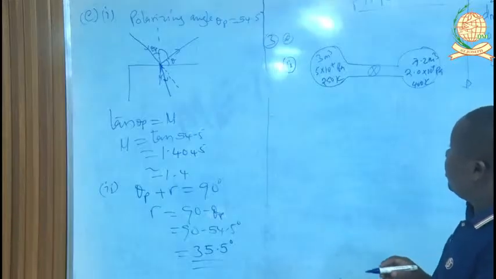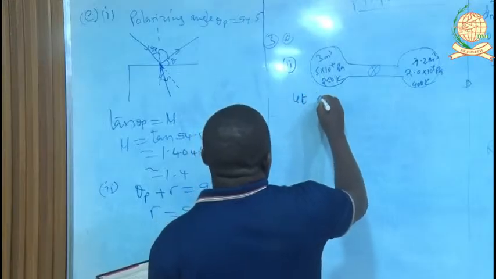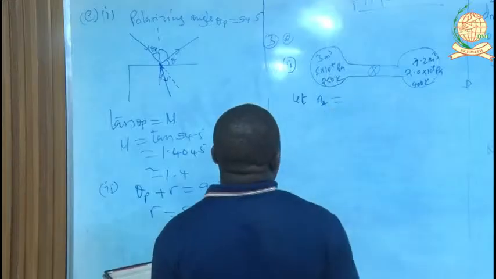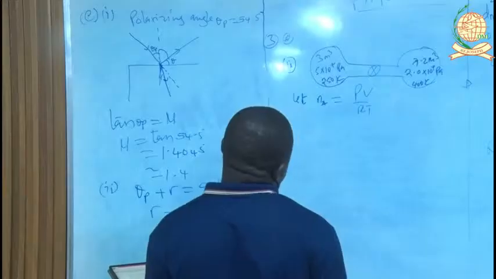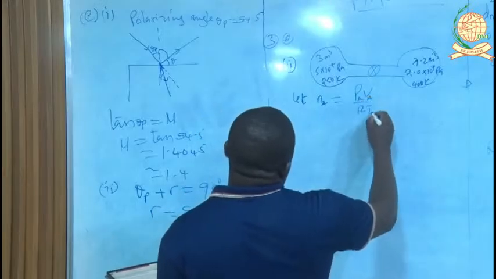To do that, you can relate N_A, the number of moles in the first container, which is equal to PV over RT. That means P_A V_A over R T_A.